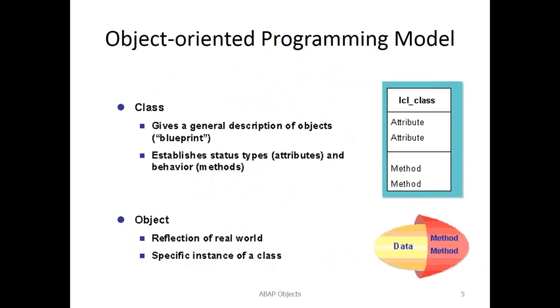What is the object? Car is like a blueprint, like a class is a blueprint. Car or bicycle or person, they are the class.